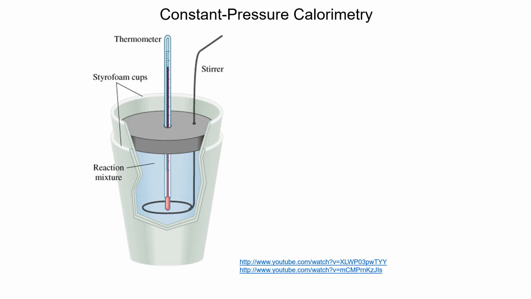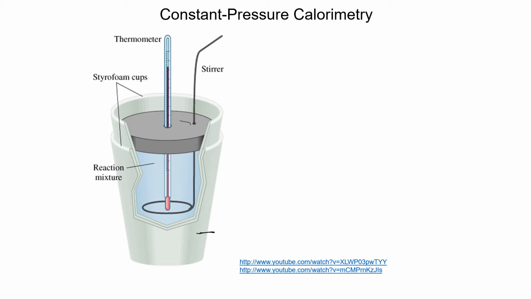So this is an insulated system. We have two styrofoam coffee cups. One of them contains water. There's a thermometer, there's a stirrer in here, and the reaction occurs in here. Because of this cap or top, no mass leaves the system, and because of the insulation of the sides, we do not transfer heat.